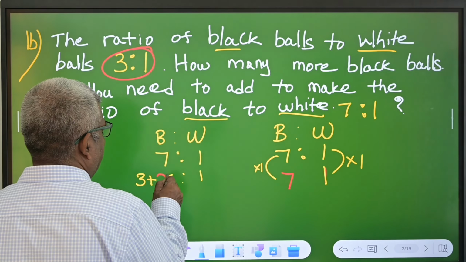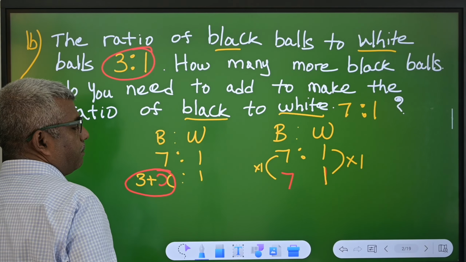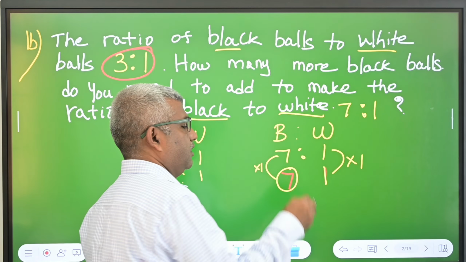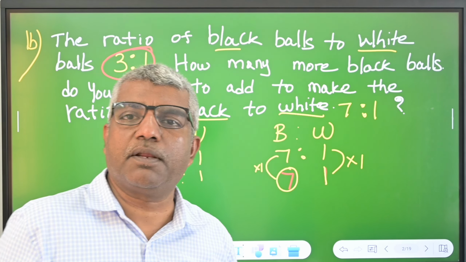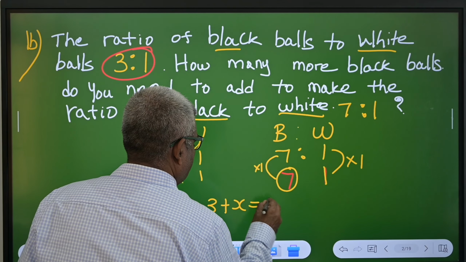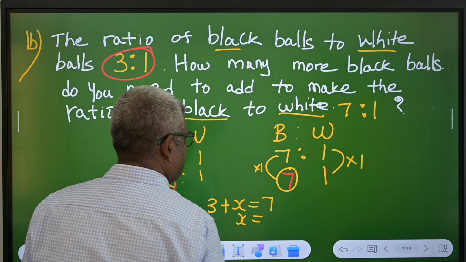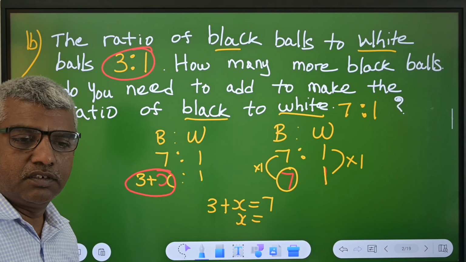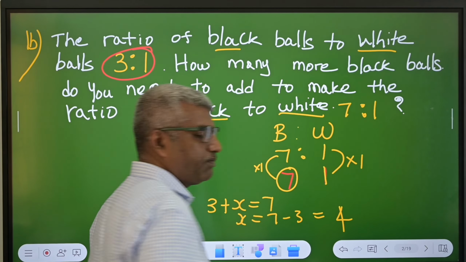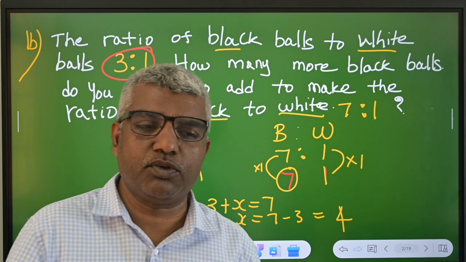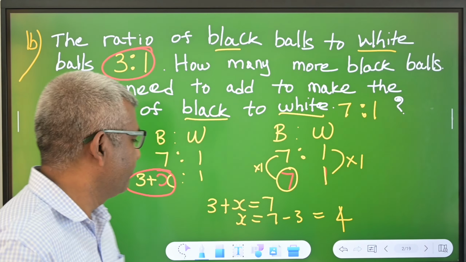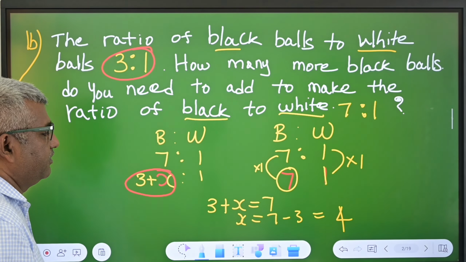To find how many more black balls, what is x? 3 plus x. Right? So 3 plus x is equal to? So what is x? Suppose there are 20 black balls, so x is 4. Tell me loudly, it is 4. Okay, clear?